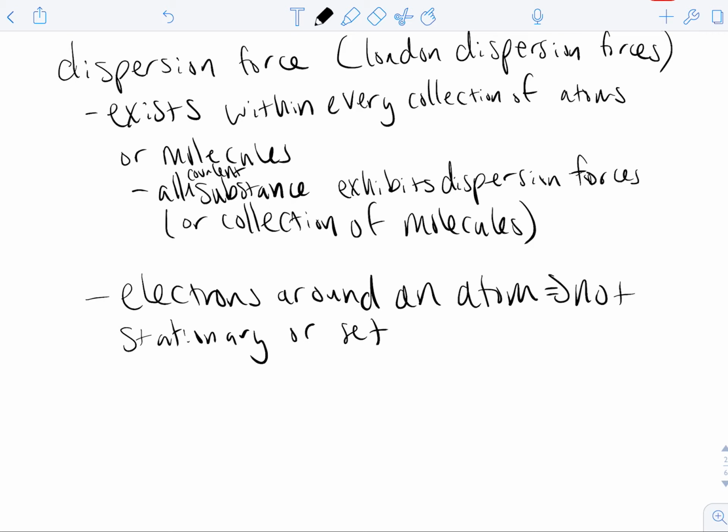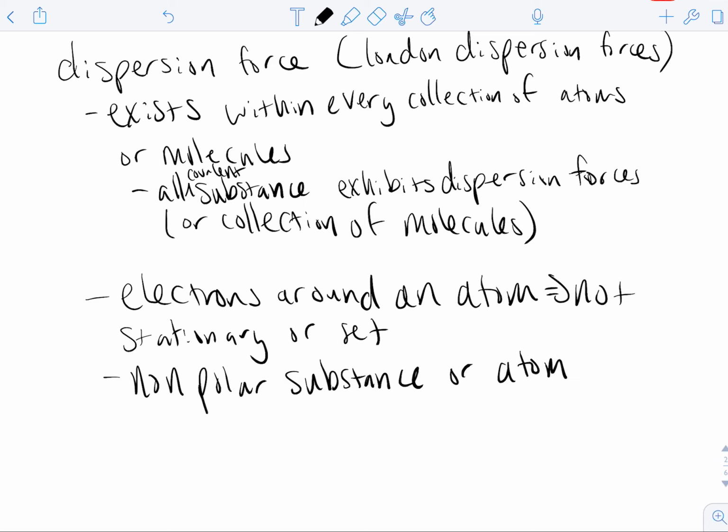We generally think about an atom having an average distribution, right? So if we have a non-polar substance or atom, an individual atom, then the average distribution of that electron density will result in no dipole.